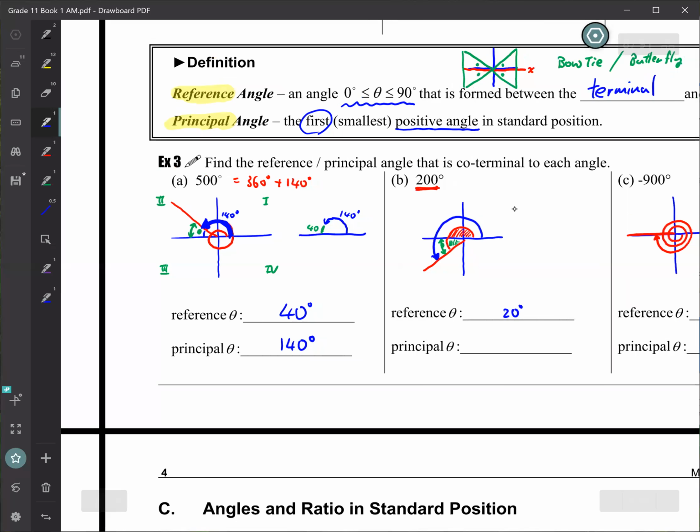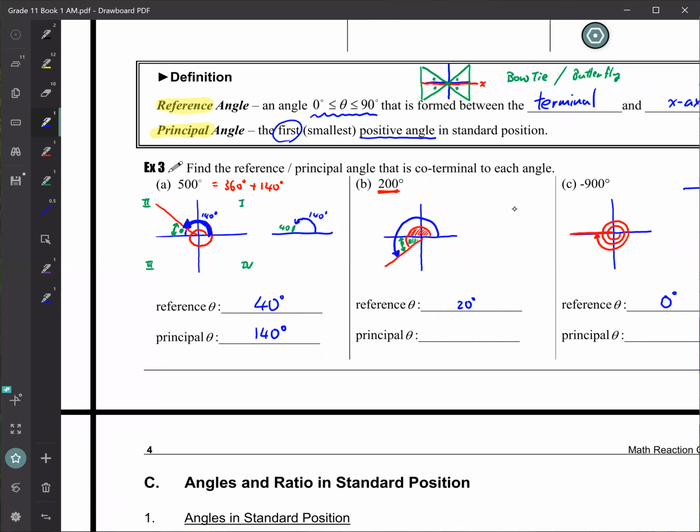You always start from the initial. For question C, start from the initial, the first time it touches the arm. That's called the principal.